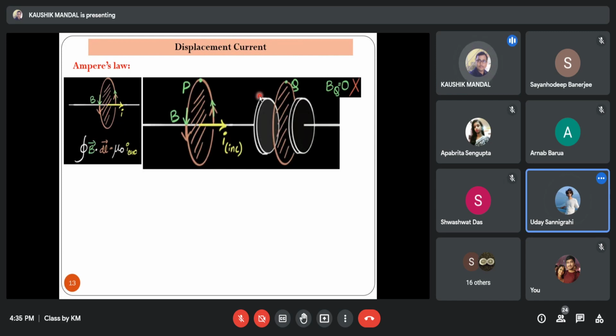As per Ampere's law, you can't say that there is a magnetic field.